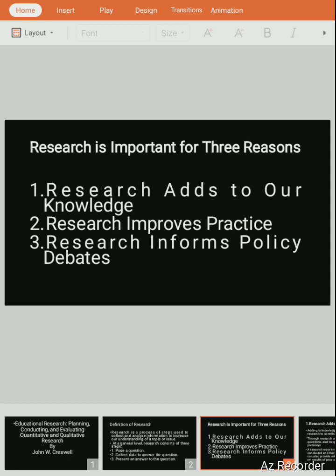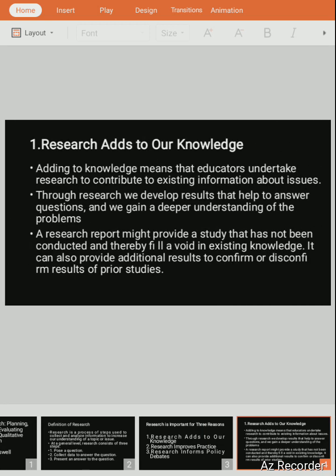So further research adds to the information that has already been studied. In this way we can have a better version of the society by solving the problems.